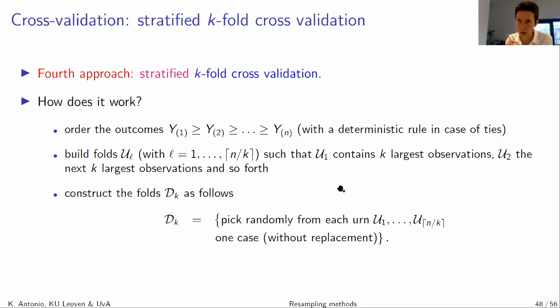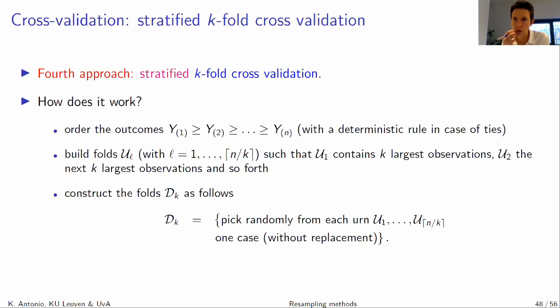So I'm going to pick an observation from U1, then an observation from U2, and that's how I'm going to continue. So this avoids that in this way, I can never put all the large observations or all the small observations in the same fold.